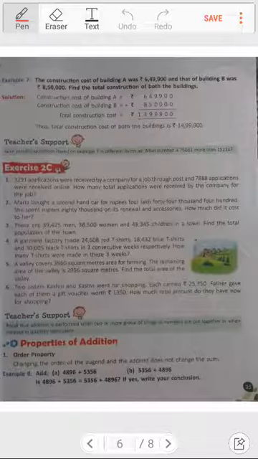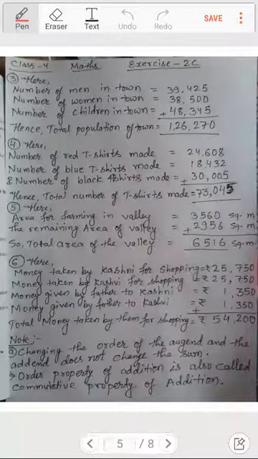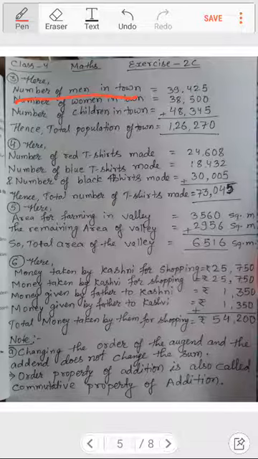Again here total came, that means we will be adding these three numbers. In question 3 I have written at first the number of men in the town is equal to 39,425. Again the number of women in the town is equal to 38,500. Then the number of children in the town is 48,345. So at last I have written: hence the total population of the town is equal to, and I have added.